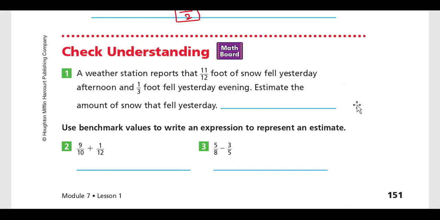So estimate the amount of snow that fell yesterday. 11 over 12 is close to 1, and 1 over 3 is close to half. So it's around 1 and 1 over 2, estimate.